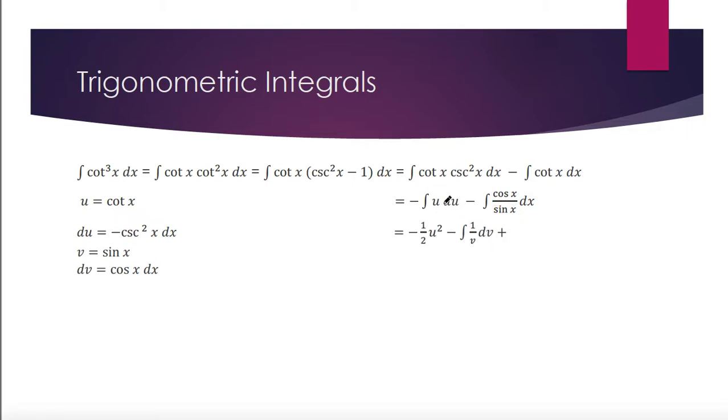First we're going to solve the first integral. We know that the antiderivative of the u is 1/2 u squared, but there was a minus sign, so the minus is kept. And the second part is the integral of 1 over v dv, because we used another substitution, v equal to sine x and dv equal to cosine x dx. So we substitute everything in terms of v. And you see a plus sign. What is that plus sign?